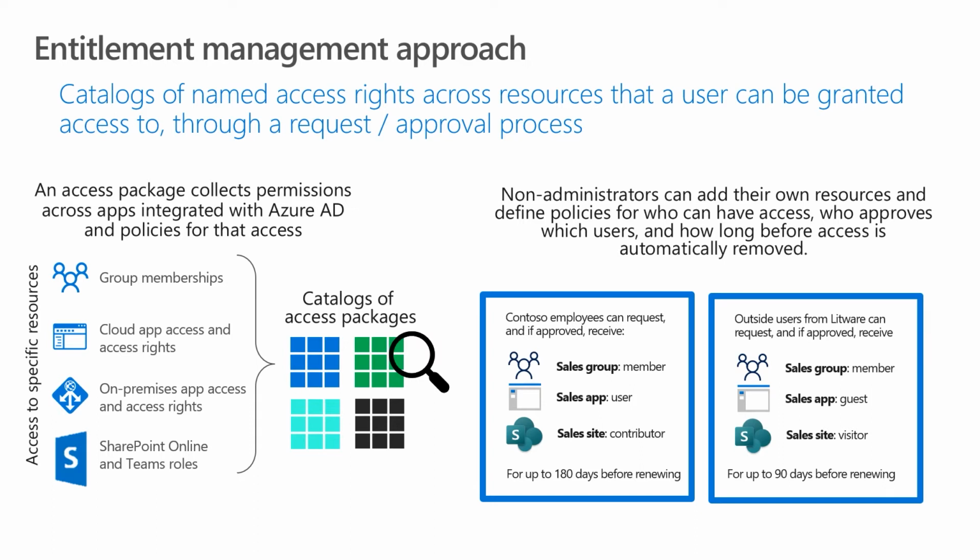Catalogs determine the resources that can be added to access packages, while the access package collects permissions across all apps that are integrated with Azure AD and provides access to those. You can use this for group memberships, app memberships, both cloud and on-prem, as well as SharePoint and Teams roles.